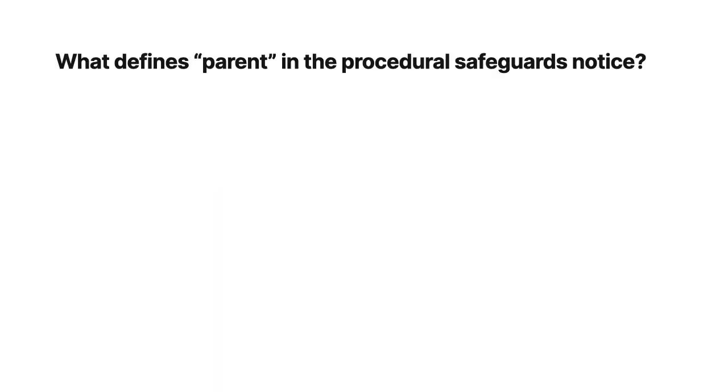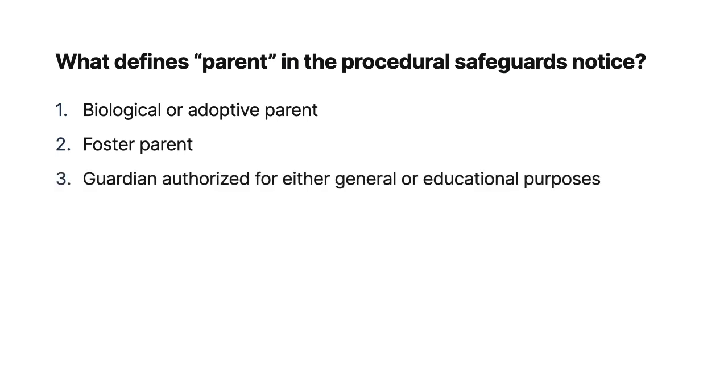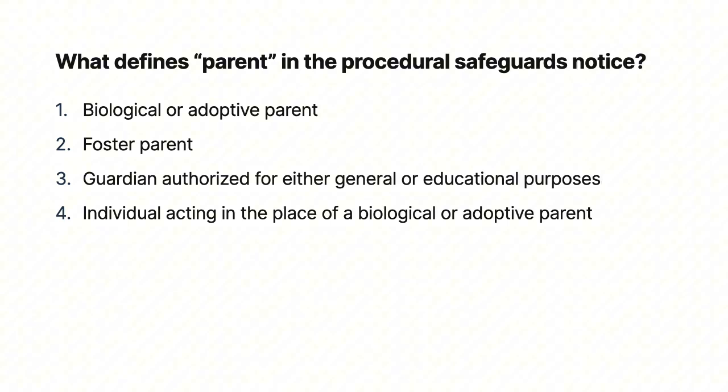When the term parent is used in the Procedural Safeguards Notice, it means any of the following: a biological or adoptive parent, a foster parent, a guardian authorized for either general or educational purposes, an individual acting in the place of a biological or adoptive parent, including a grandparent, step-parent, or other relative with whom the child lives, or an individual who is legally responsible for the child's welfare, or an educational surrogate parent. So remember, when you see or hear the word parent in special education, depending on the child's circumstances, it can mean any individual on that list.